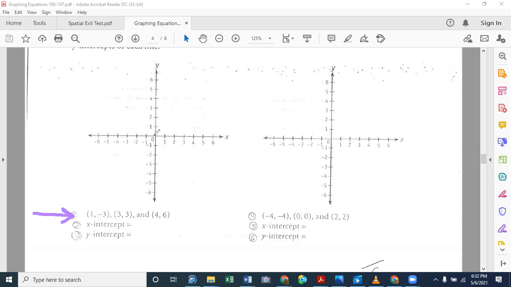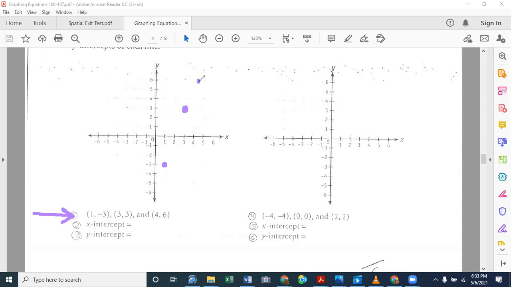So 1 is 1 unit to the right, and then -3 is 3 units down, and we put our point here. Then we have (3, 3). That's 3 to the right and 3 up. And then we have (4, 6). 1, 2, 3, 4. 1, 2, 3, 4, 5, 6.